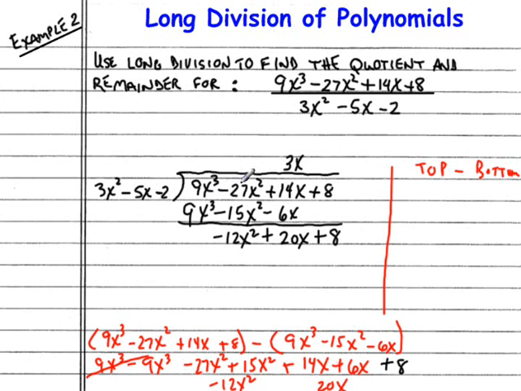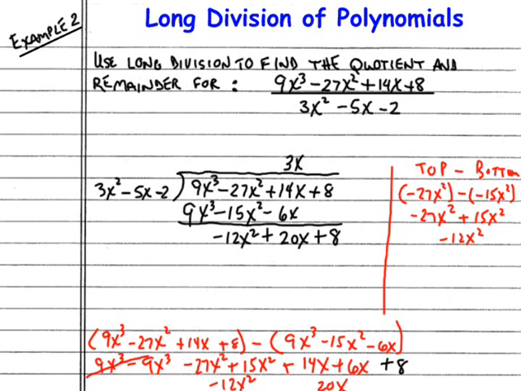For instance, in this case, the term on top is negative 27x squared, and we're subtracting the term that's on bottom, negative 15x squared. And so it's that subtracting a negative that ends up creating negative 27x squared plus 15x squared, or in other words, negative 12x squared. So we're going to attempt to do this subtraction in our head, and the subtraction is the most difficult step that we deal with.